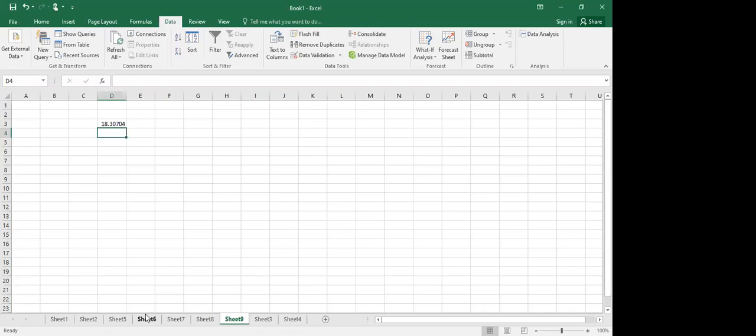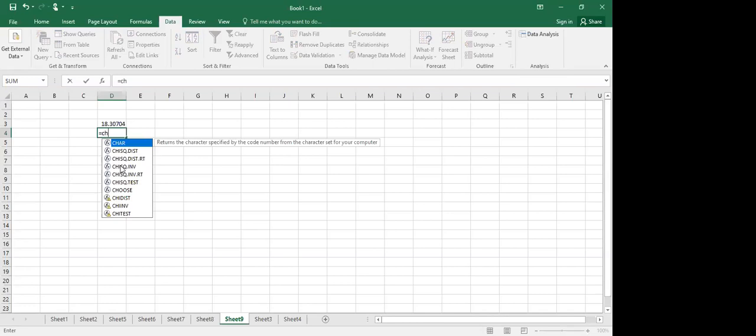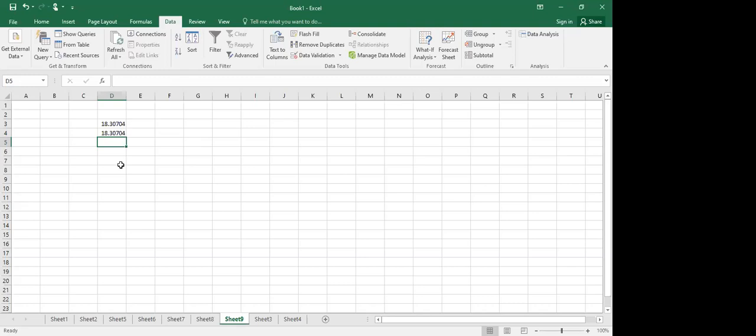Because it was the right tail, if I was to use just chi-square inverse, I can still use it, but I will put the probability here, 0.95, and 10, because I am thinking about the left tail. If the right tail is 0.05, the left tail is 0.95. Do we understand that?